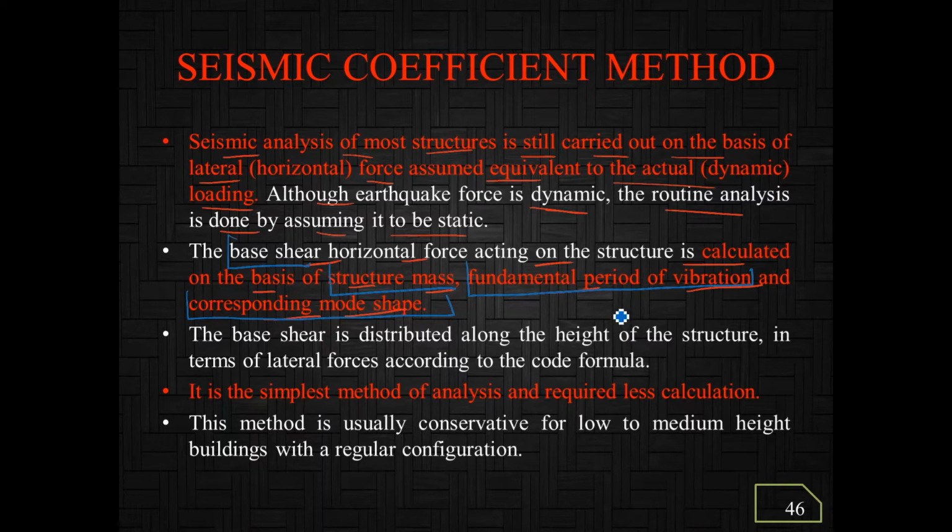This base shear is distributed along the height of the structure in terms of lateral forces according to the code formula. It is a simple method of analysis and requires less calculation. This method is usually conservative for low and medium height buildings with regular configuration.